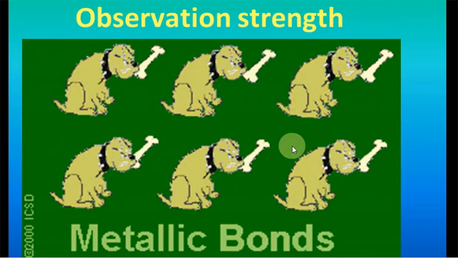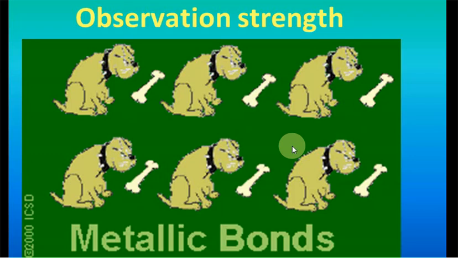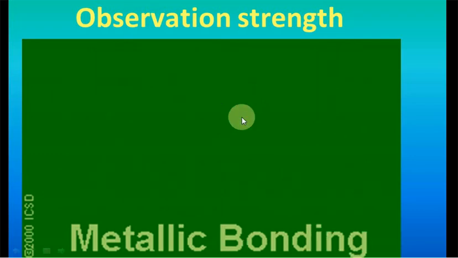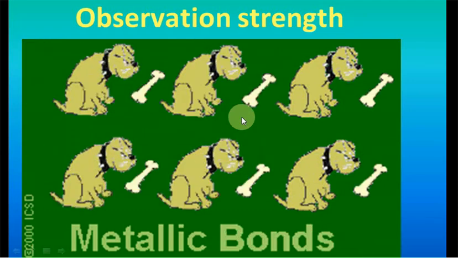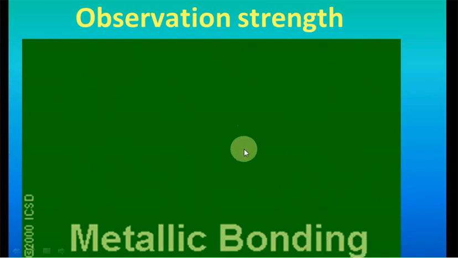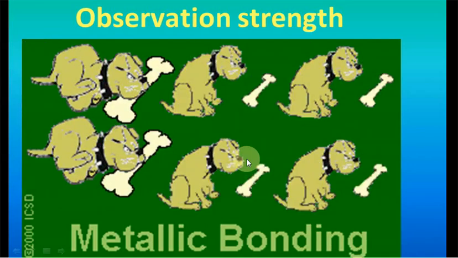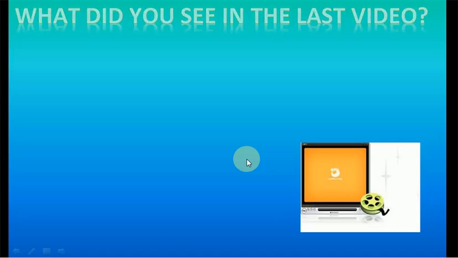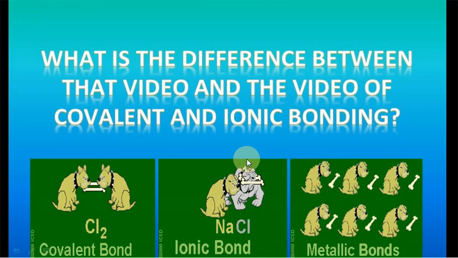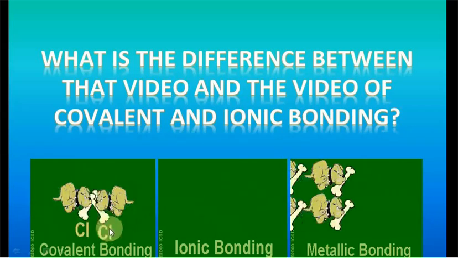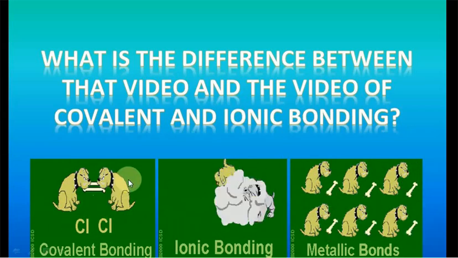Observation: the strength is not called hydrogen bond or covalent bond or ionic bond, but it's called metallic bond. What is your observation on this video? I will show you the other videos of bonds like this. Covalent bond, sharing between two atoms.